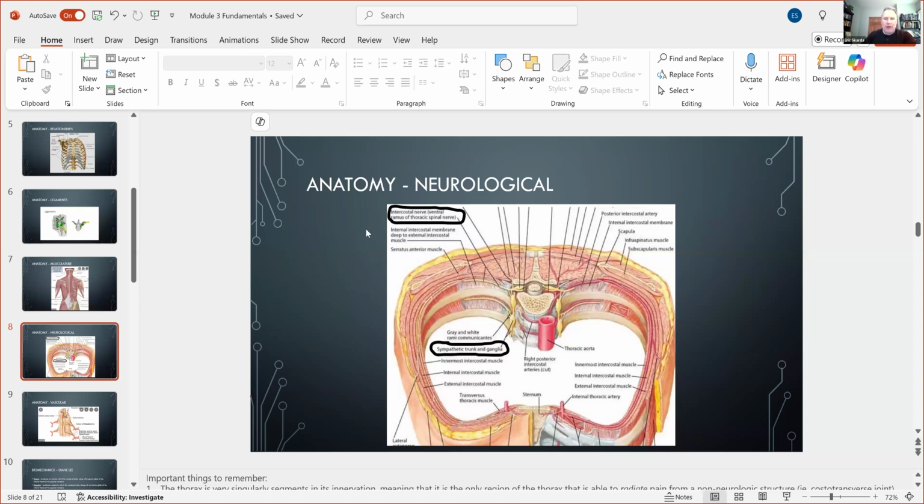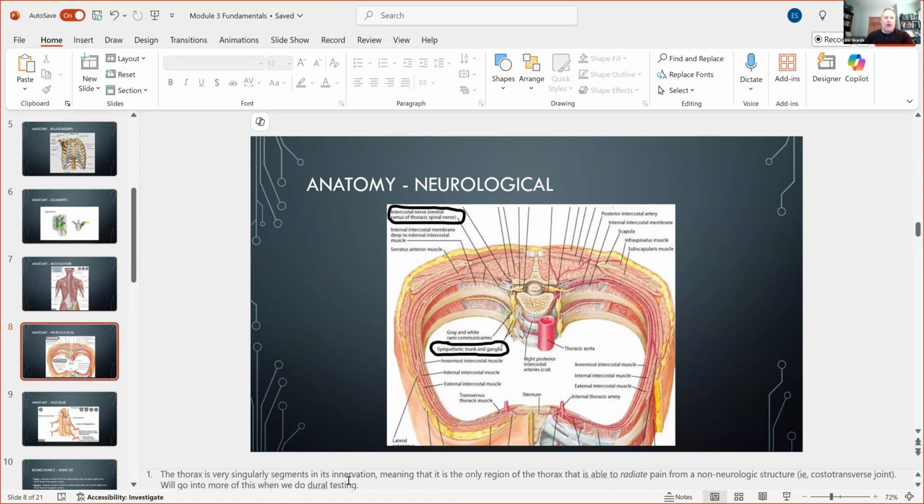Neurologically, there are two things that I want people to remember. The thorax is what we call very singularly segmental in its innervation. What that means is that it's able to radiate pain from a non-neurological structure. We've talked previously about radiating pain being more of a neurological pain, but in the thorax that plays out a little differently because it's very singularly segmental.